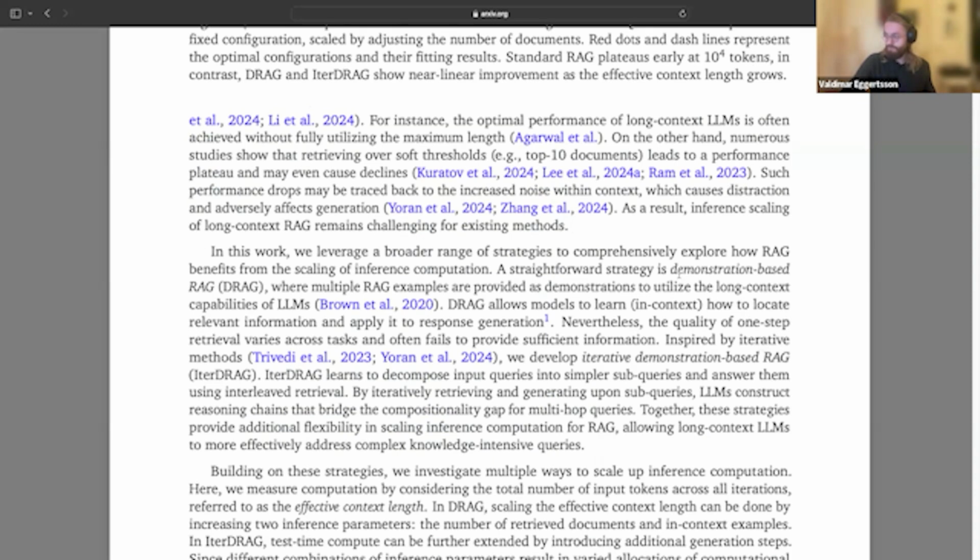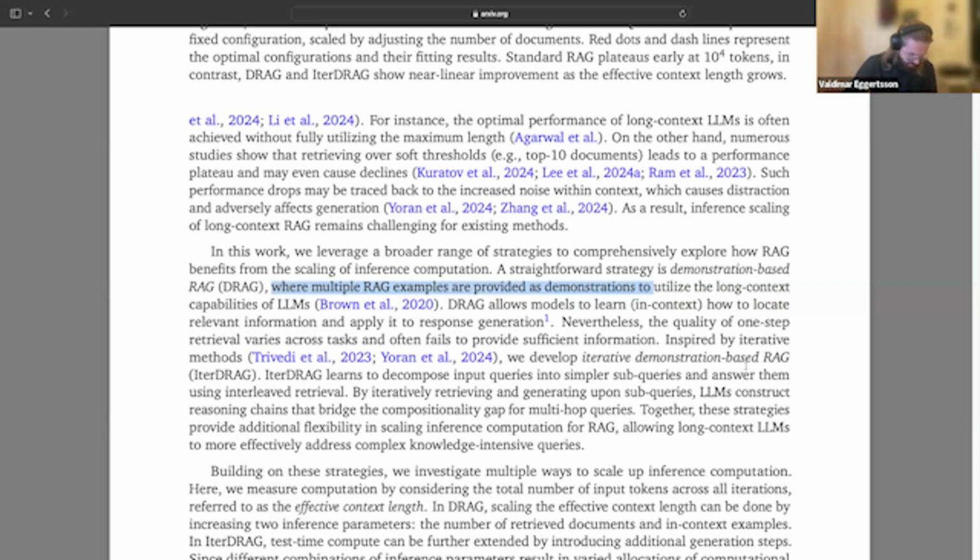So what they do is introduce this demonstration-based RAG, or DRAG, where multiple examples are provided as demonstrations. They basically have an example of RAG: here are the top 10 or 100 documents, here's the question, and you can find the information at this part and use that to construct the answer. Just show it an effective example.